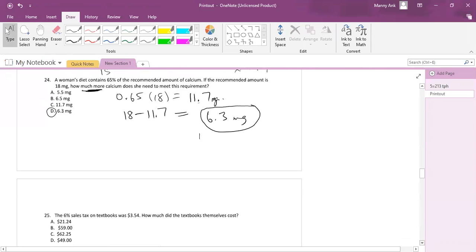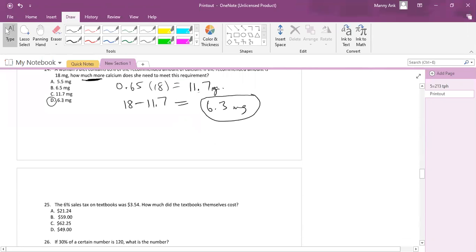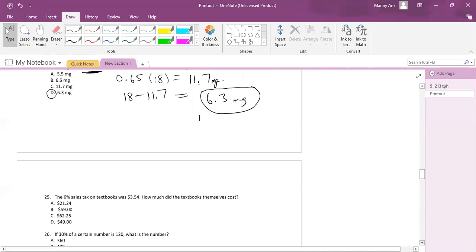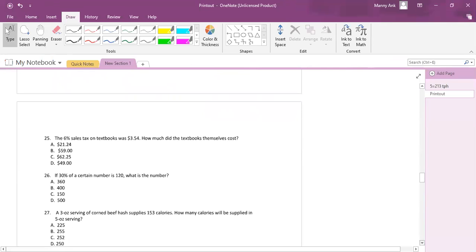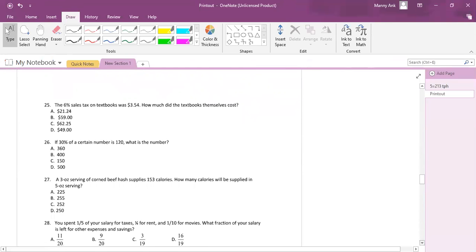Number 25. Sales tax. I use proportion here. So 6% sales tax on the textbook was this, right?